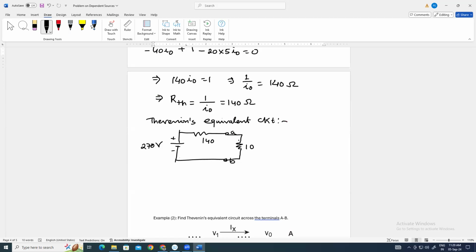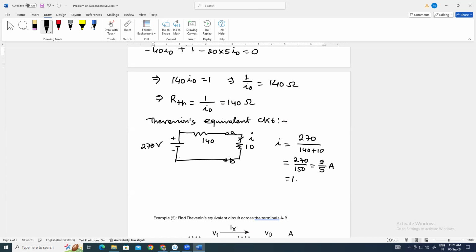So what will be the current flowing through this branch? I will be equal to 270 divided by 140 plus 10. That is equal to 270 divided by 150, and that will give you exactly 9/5 ampere.